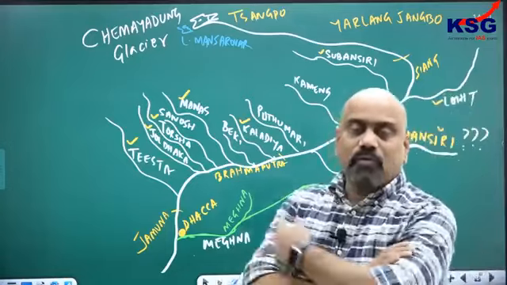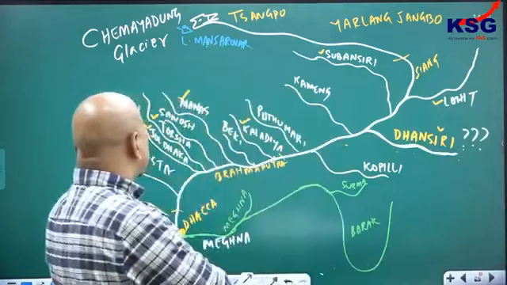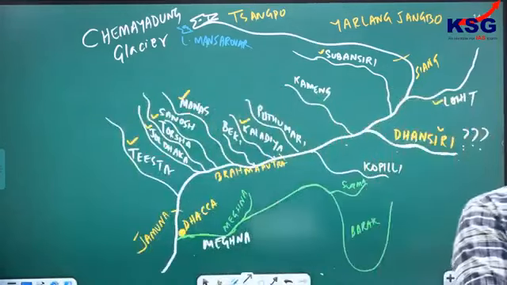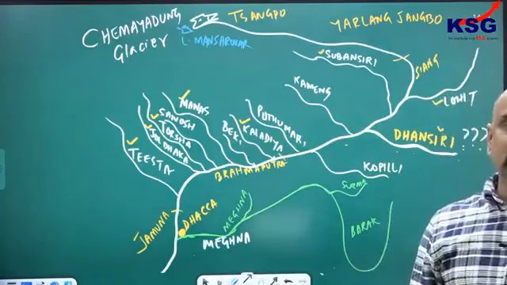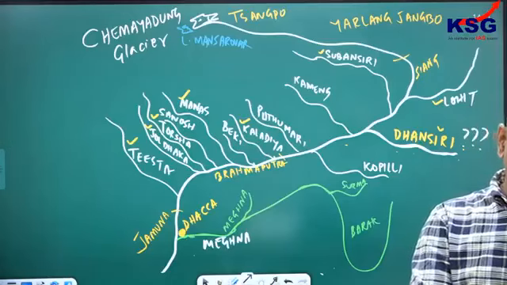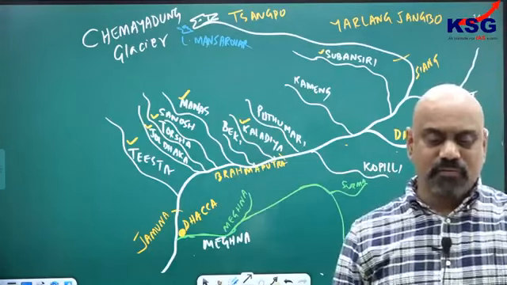Right. We just discussed this river system. Write some more points. River Brahmaputra, the lifeline of Assam, is a flood-prone river.